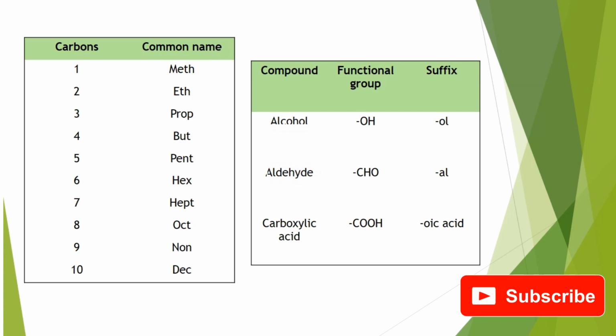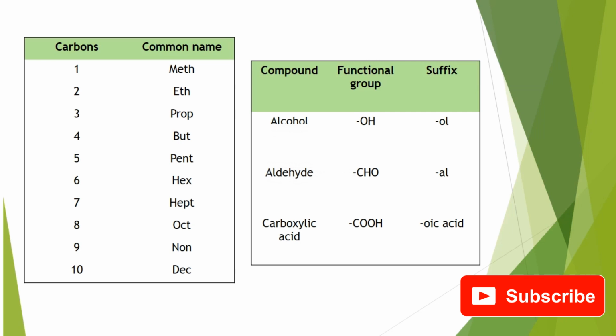Other than this, if the molecule has functional groups like alcohol or aldehyde, then the names will also change. For alcohol, the suffix will be OL. If the molecule is an aldehyde which contains CHO, then the suffix will be AL.